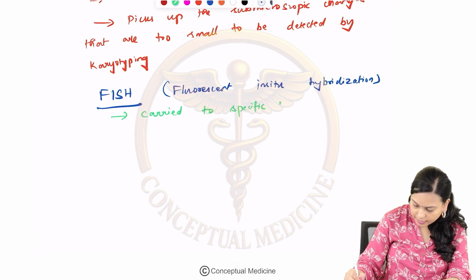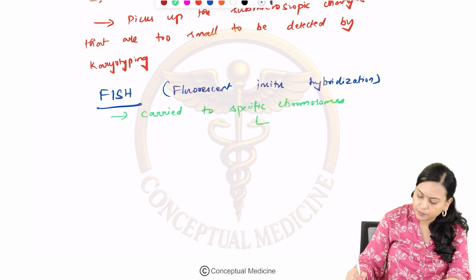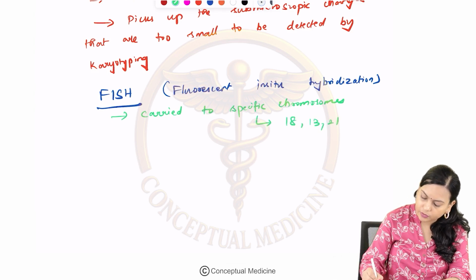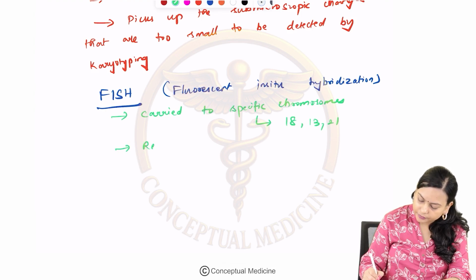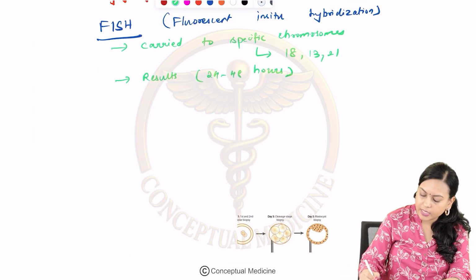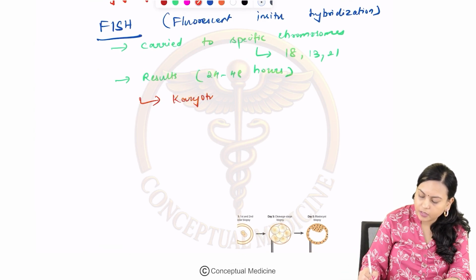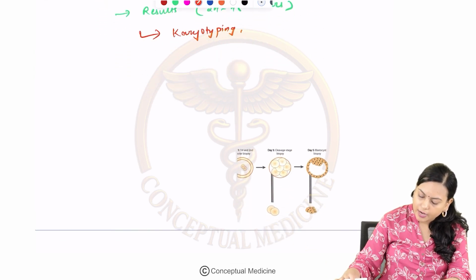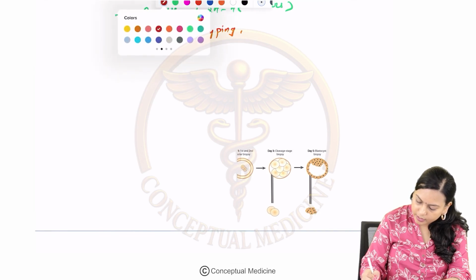Okay, this procedure is carried out for specific chromosomes. We can target chromosome 18 or 13 or 21. Okay, and the results you can get it in 24 to 48 hours. Okay, if there is a doubt, this can be further confirmed by karyotyping.